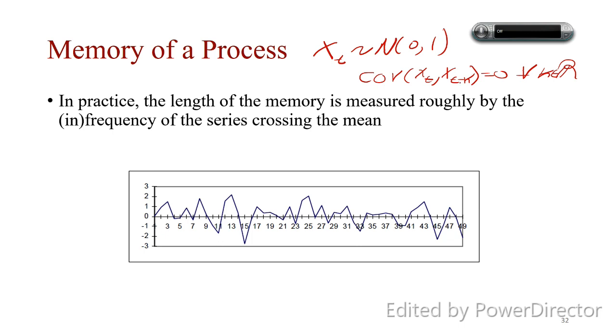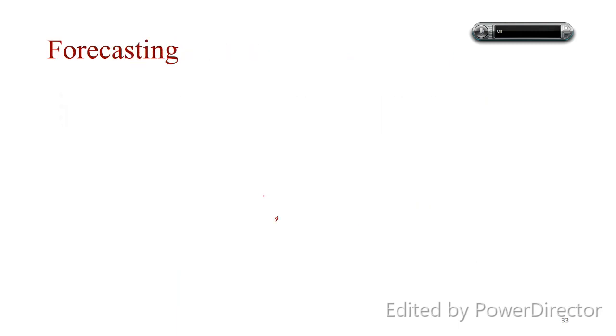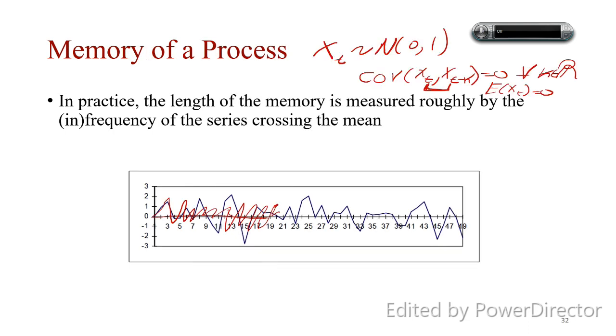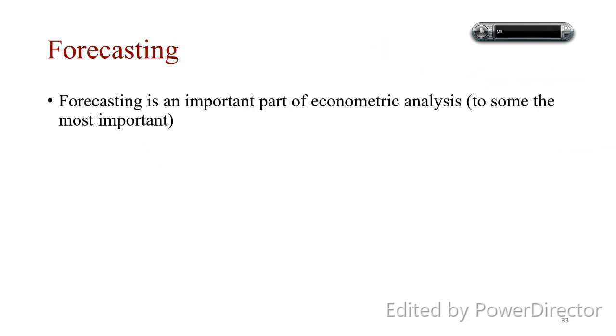So for every k, the covariance between things is 0. So this means that they are almost independent, right? So when things are independent and the mean of xt is equal to 0, then we know that the observations are going to cross this line here, which is y equal to 0, many times, because we know that this cannot predict the future, right? Somehow the future could be predicted only by knowing that it is going to go back to the mean. That's basically it.